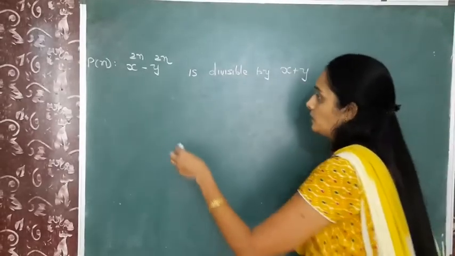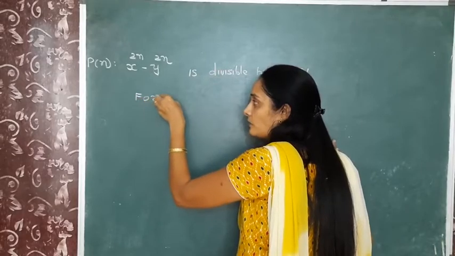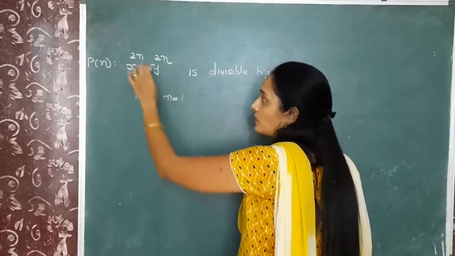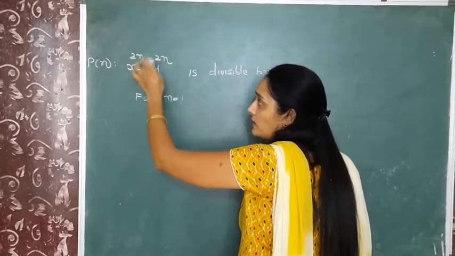First we prove P of 1 is true, that means for n is equal to 1. So here we can write 1 whenever we see n.